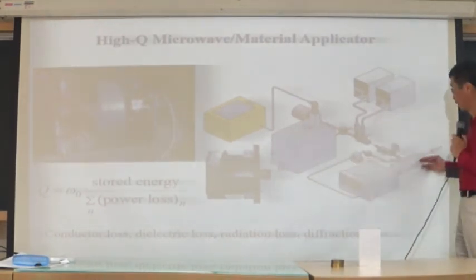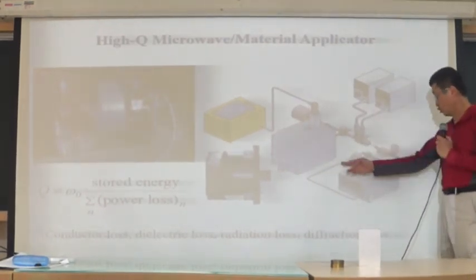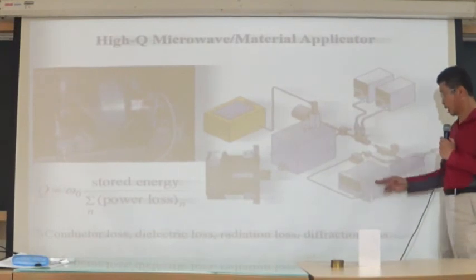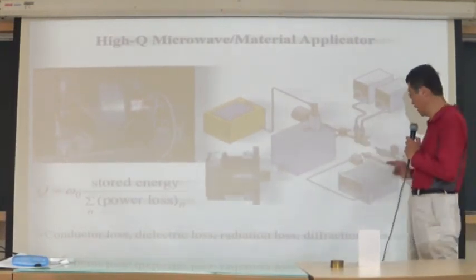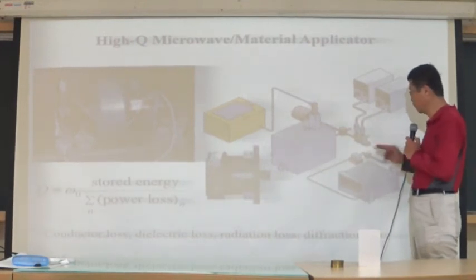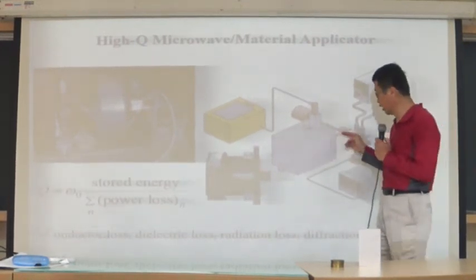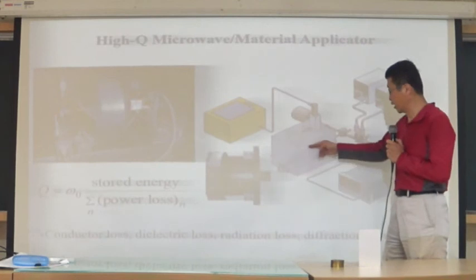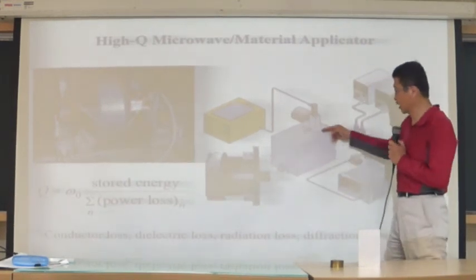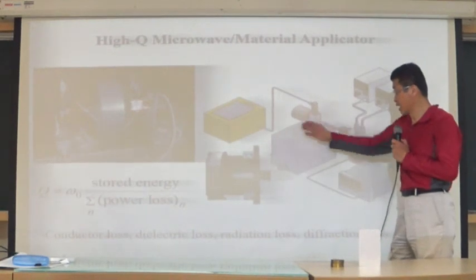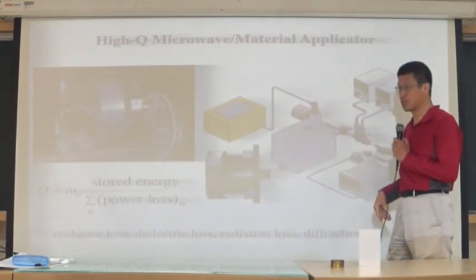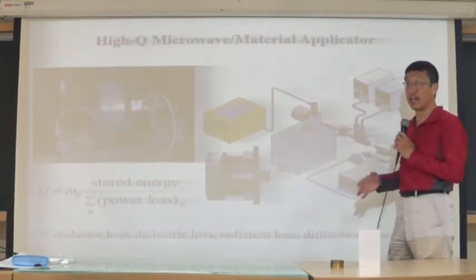We can monitor the power and control the input signal, and then it will amplify. Eventually, some of the energy will be injected into the cavity. There is a shielding box here to protect from the radiation.